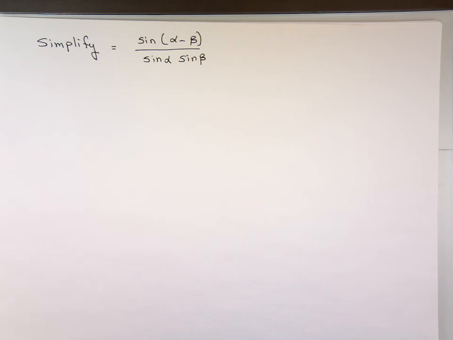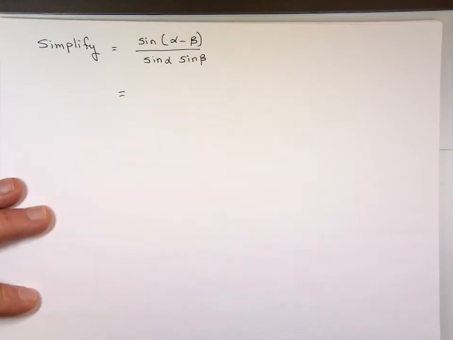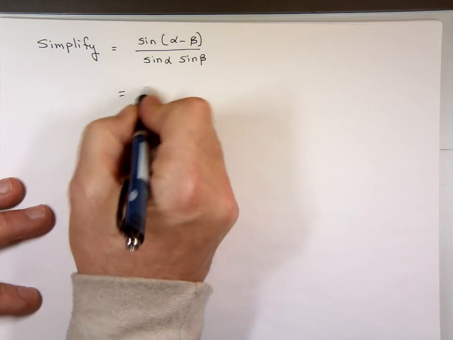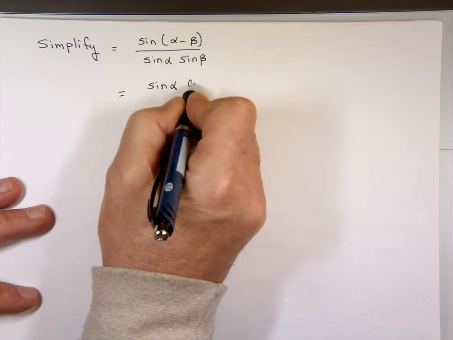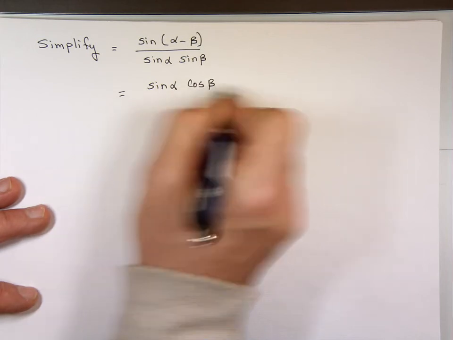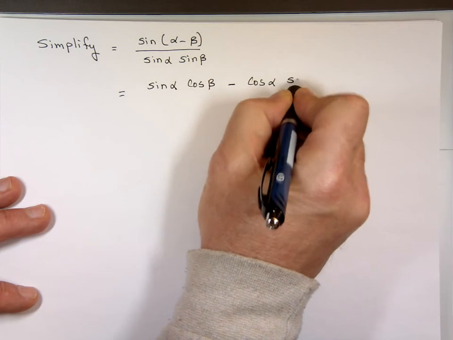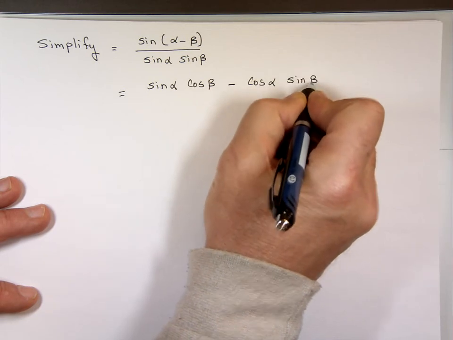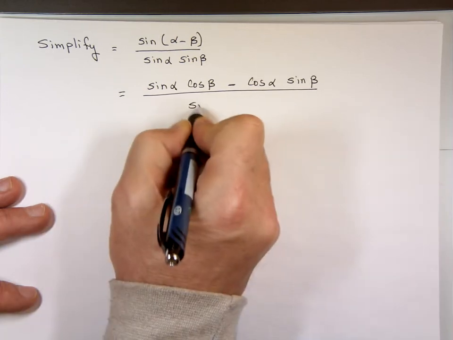Do we have a trig identity that does sine alpha minus beta? Yeah, right? That's sine of alpha cosine beta minus cosine alpha sine beta. Divide that by sine alpha sine beta.